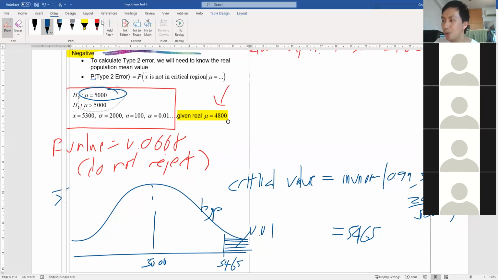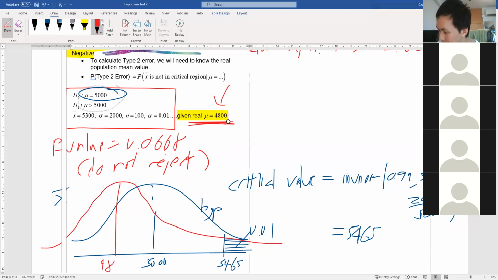But now the question tells you the real mu is 4,800, so the real bell curve is slightly to the left by 200. So this is the real curve. Everybody can understand what's going on so far?